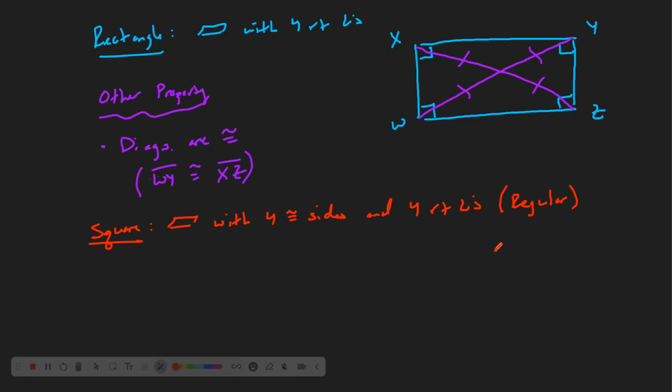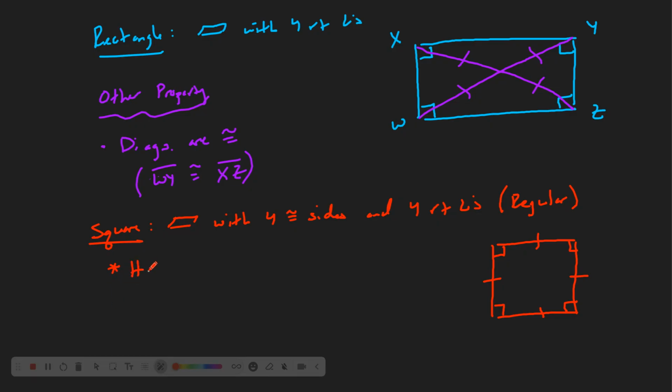So a picture of a square looks like this, right? All 4 sides look the same. I'm not going to label it with letters. I'm just going to label the sides are congruent and the angles are all right angles. Now, quick little note here, right? Because this square is regular, I would suggest it's the most perfect parallelogram, right?